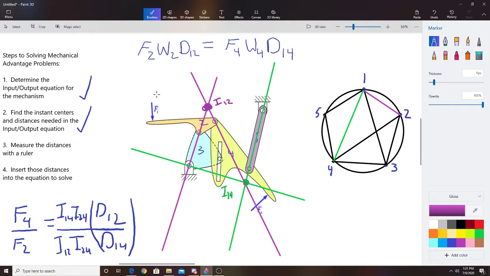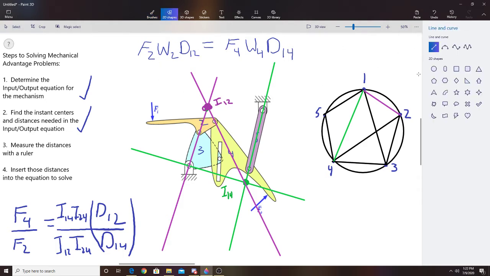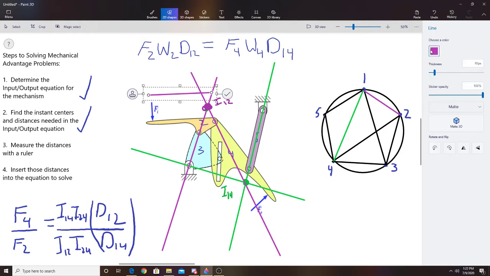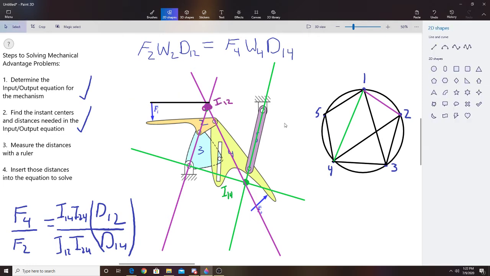So what we can do now is we have to find our distances. So I'm going to pull up the magic ruler, the very high quality. I'm going to put these in black. I'm just drawing myself some lines. So obviously they're not going to be perfect, but they'll be okay.